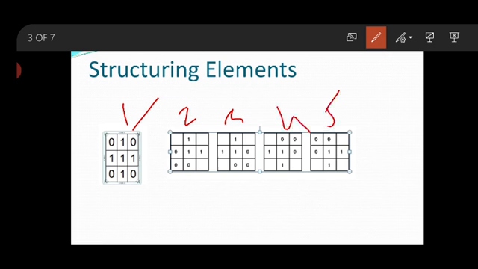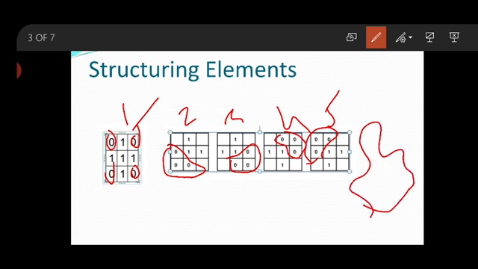Hope you can see. There is a configuration of 1s and 0s. In one element the 0 is exactly at the corner, and in the second structuring element the 0 is available here, here and here. What is the purpose of this? If there is an image and you are interested in a particular region, you use one of the structuring elements, like the 5th structuring element.